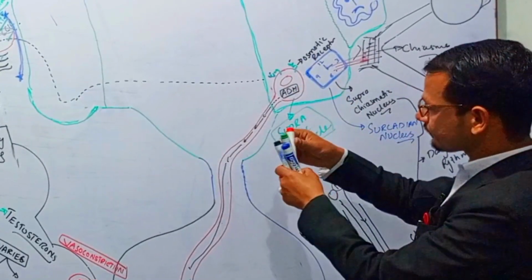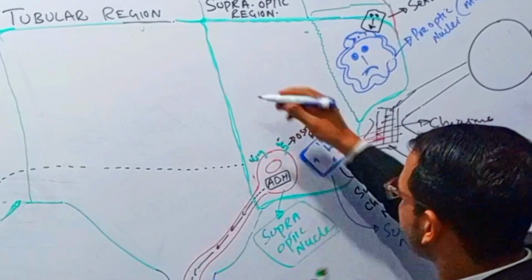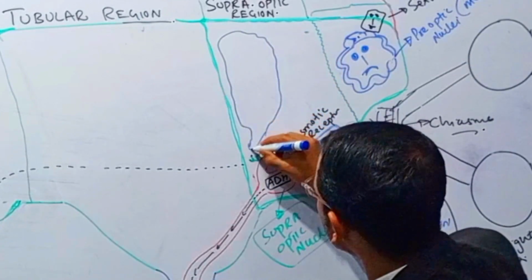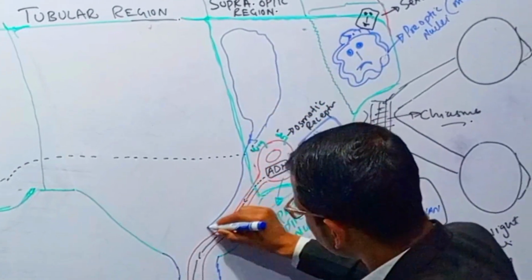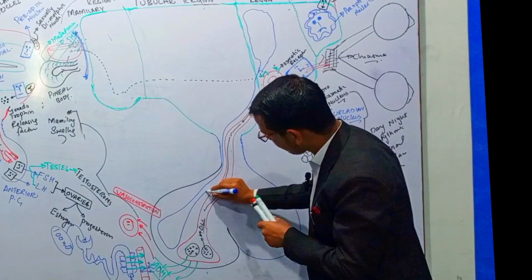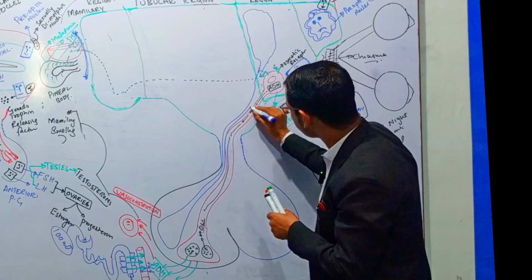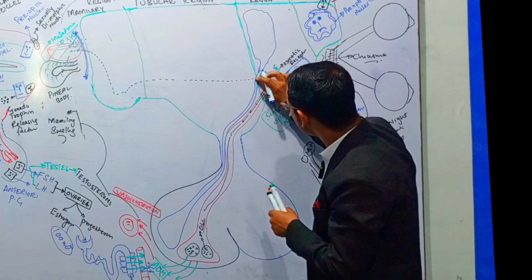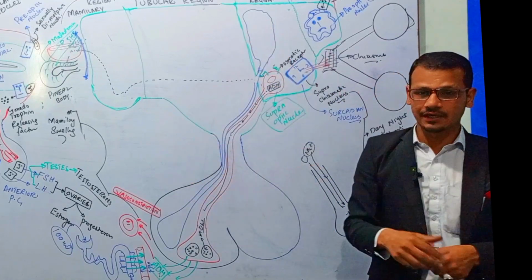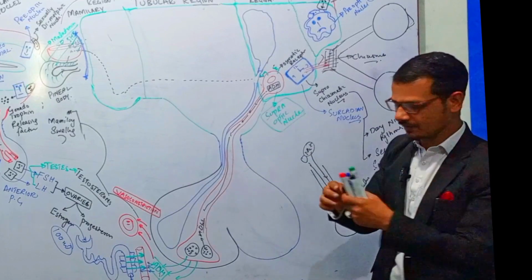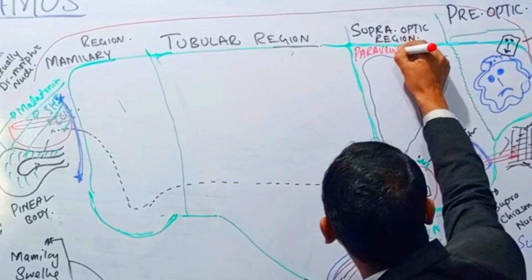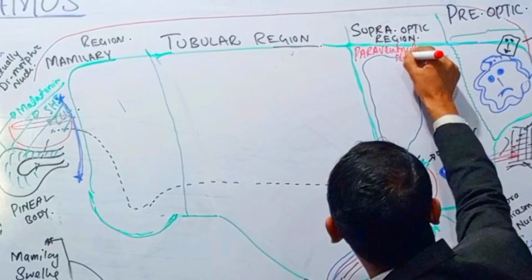The next is we have another nuclei here. It also has this terminal, and this nuclei is called paraventricular nuclei.